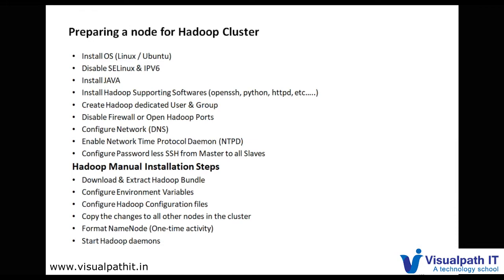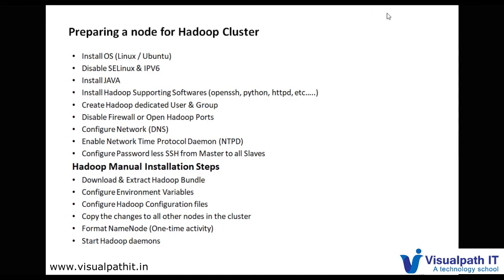What is meant by cluster? Multiple nodes together are called a cluster. Then format the name node, which is a one-time activity, and start the Hadoop services. After starting, check whether everything is working properly, and then we can start transferring the data, and then developers can start their analysis. That's it, Hadoop.